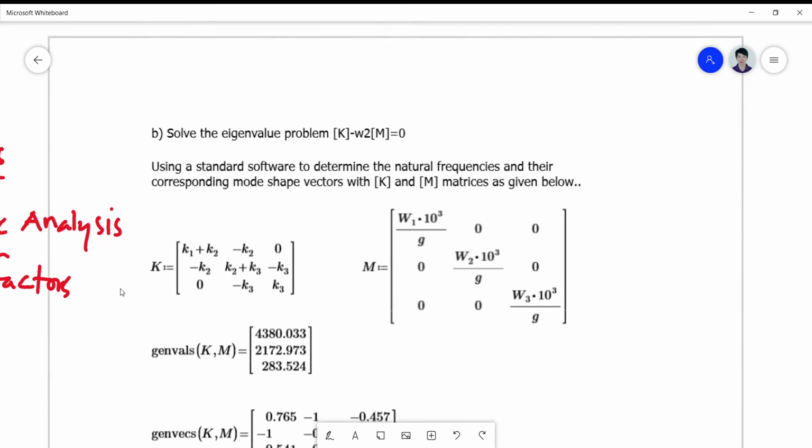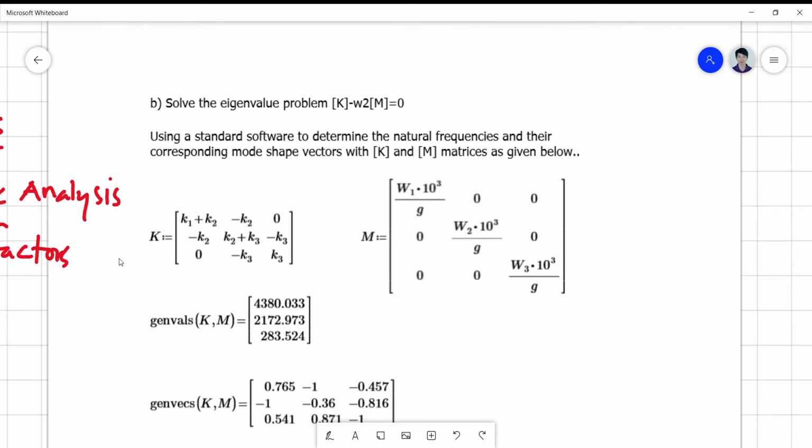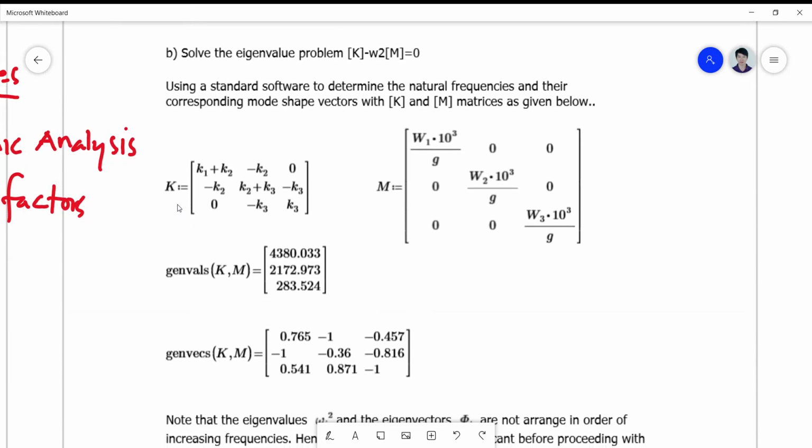Let's solve the eigenvalue problem, but this time I don't want to use the long method any longer. There are a lot of software that can solve for the eigenvalues and the eigenvectors by simply plugging in the K matrix and the mass matrix.